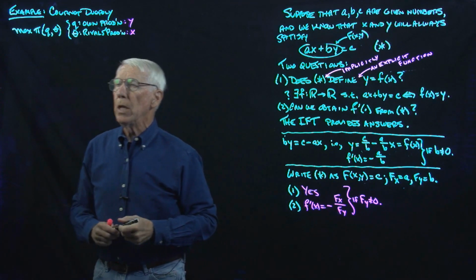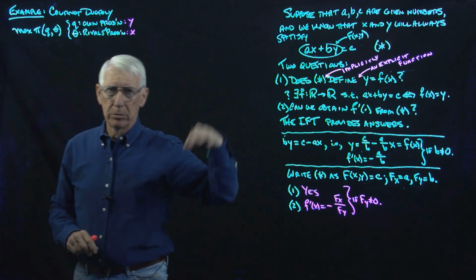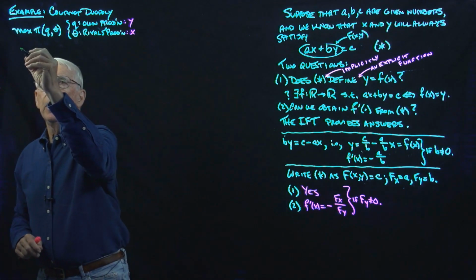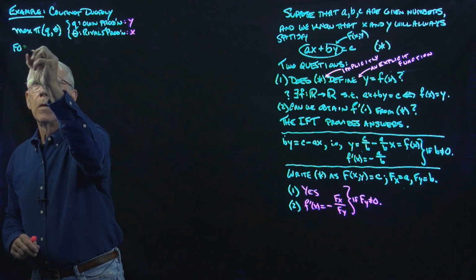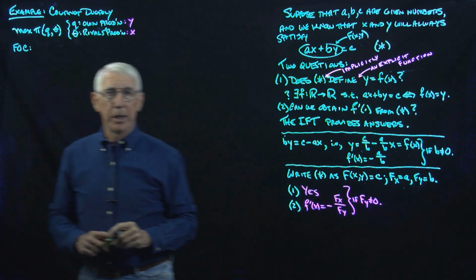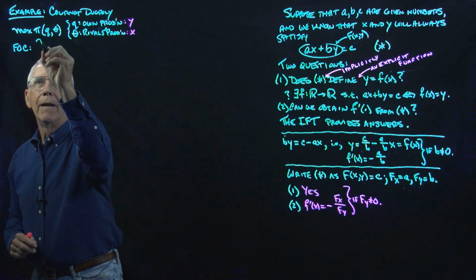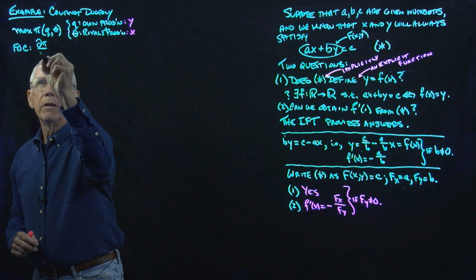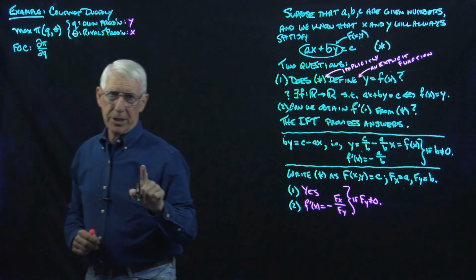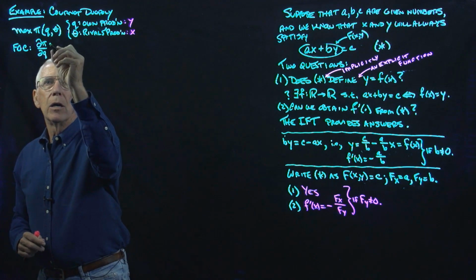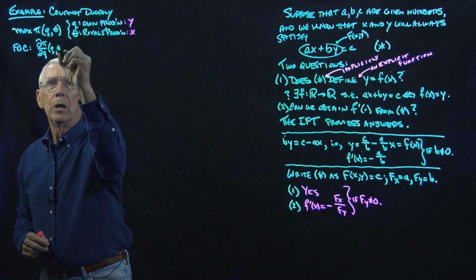So we have our profit function. I won't write out a particular profit function here, but let's look at the first order condition. The first order condition for our firm maximizing its profit is, of course, that the derivative of its profit with respect to its choice, its quantity, that derivative, of course, is a function of Q and theta.